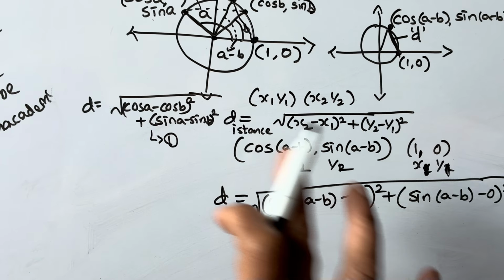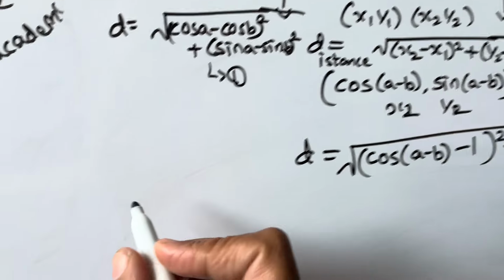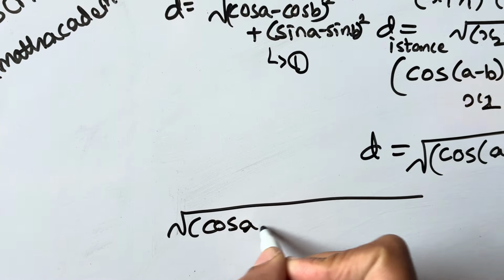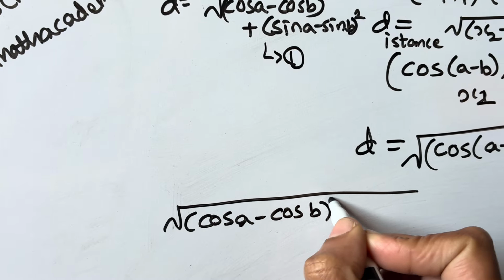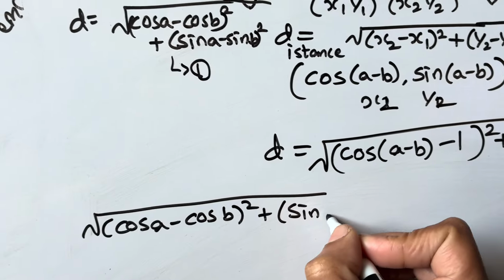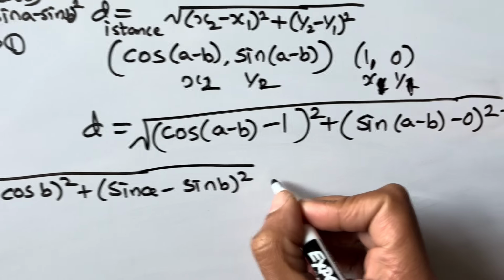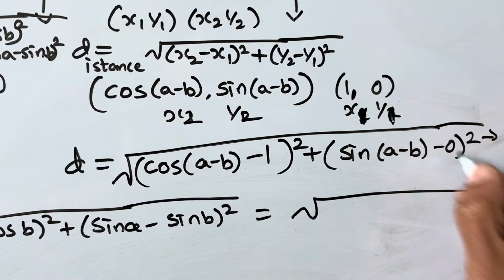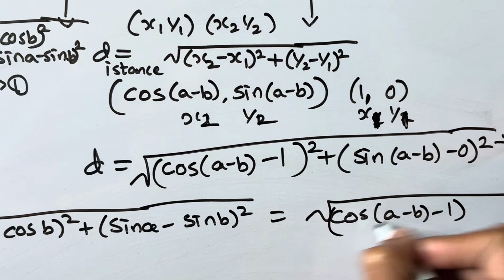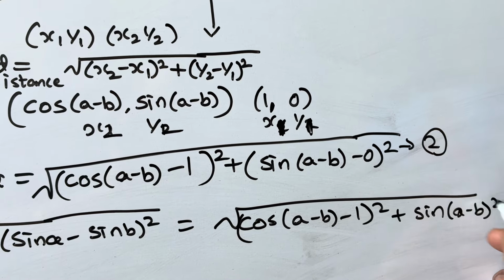Now I'm going to equate these 2 distances. So when I do that, I'm going to get the square root of (cos A minus cos B) square plus (sin A minus sin B) square is equal to the second equation, which is the square root of (cos of (A minus B) minus 1) square plus (sin of (A minus B)) square.